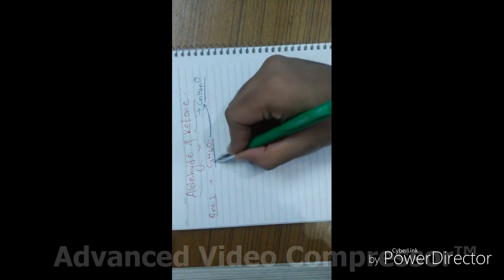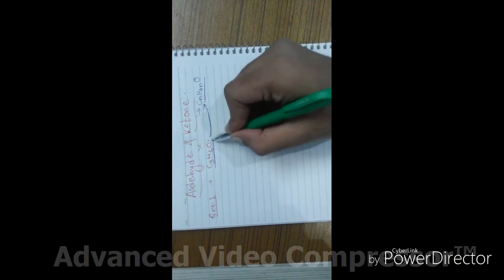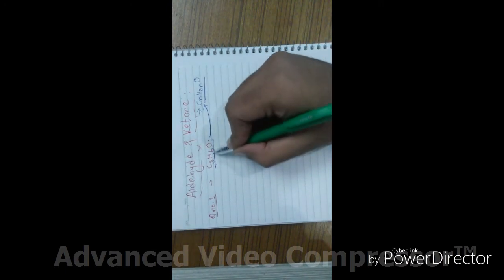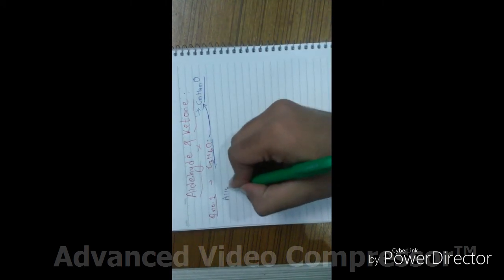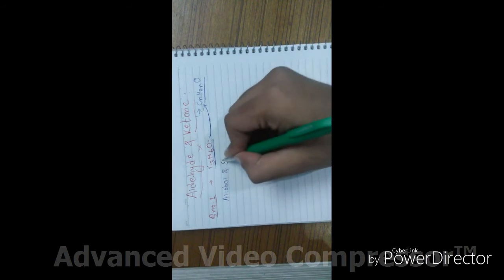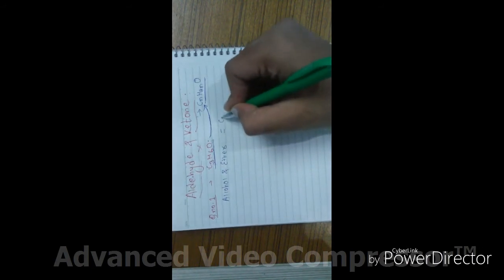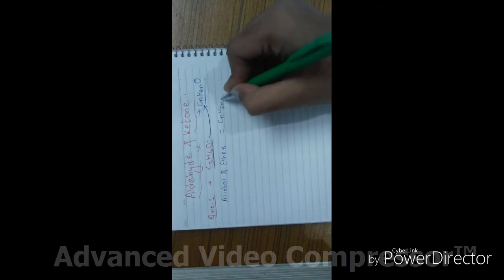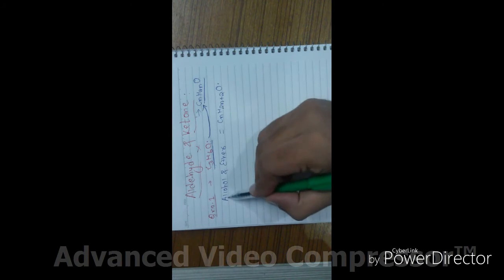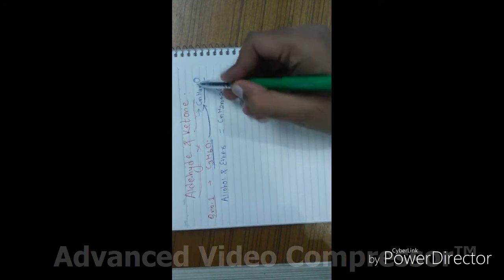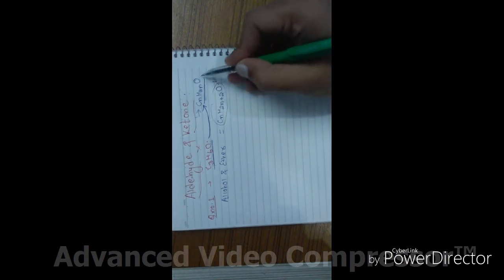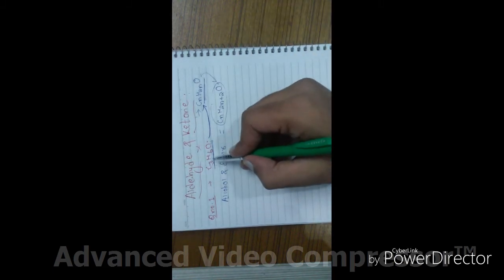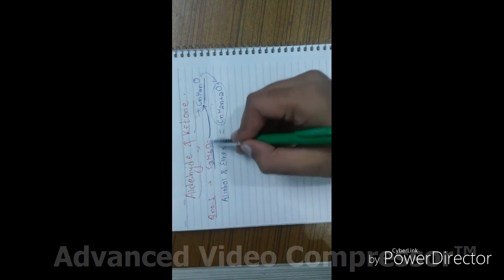C3, double of 3 is 6, and O. So this C3H6O belongs to CnH2nO. But alcohol and ether have the general formula CnH2n+2O. So you can recognize alcohol and ether and aldehyde and ketone by general formula. Both have different general formulas. So let's calculate the number of isomers of C3H6O.